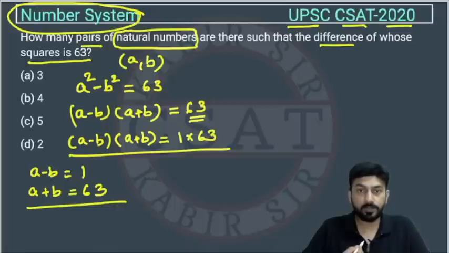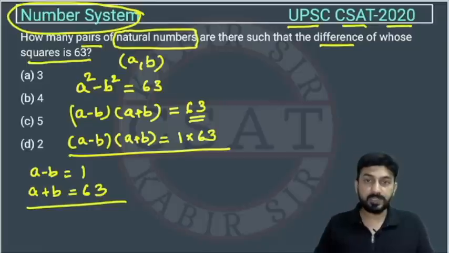So anyhow you have to discard the negative values because we are dealing with only natural numbers, right? But if you use a little common sense here, we have two natural numbers A and B. Will their difference be more or their addition? Obviously when two natural numbers are added, that will be more than their subtraction, right? So A plus B will be 63, not A minus B, right?